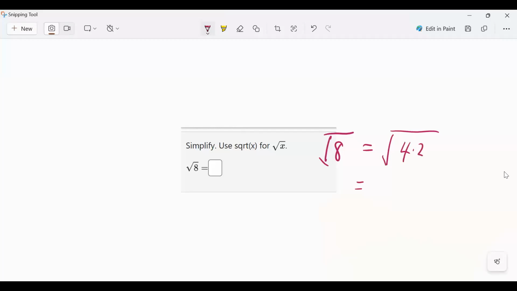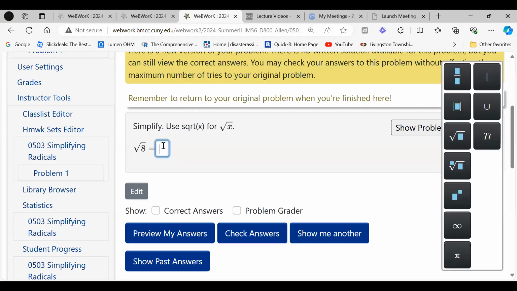So we have the square root of 4 times the square root of 2. The square root of 4 is 2, and then the square root of 2. So part of it is a simplified number and the other part is the radical. That's the more common case for radical expressions. So 2 square root of 2.